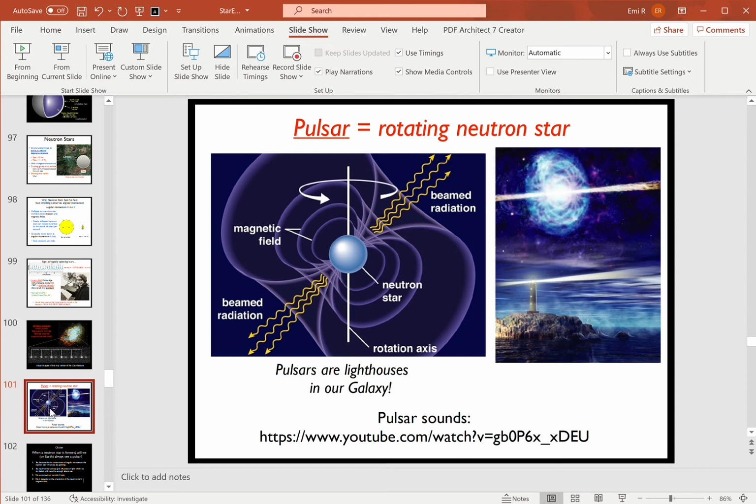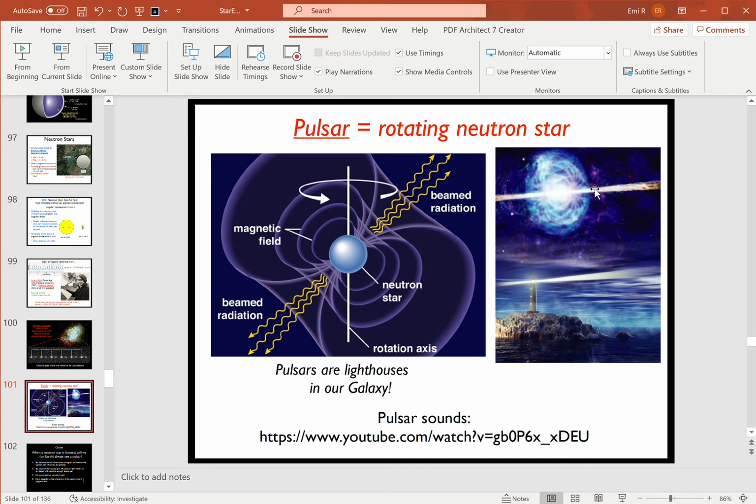Something we're not sure of is that we think that every neutron star might have those beams of radiation, but we can't see them if the beam is not projected in our direction. If you never go in the path of those beams of light, if the pole of the neutron star is not toward Earth, then we can't really know if they are present or not.